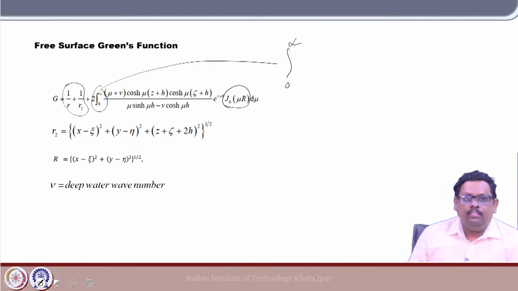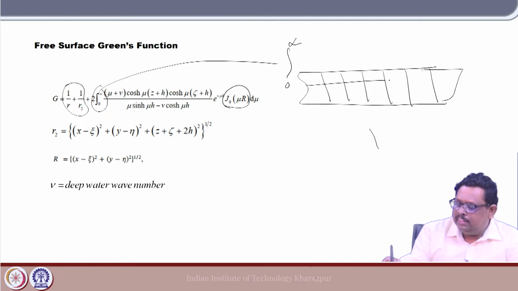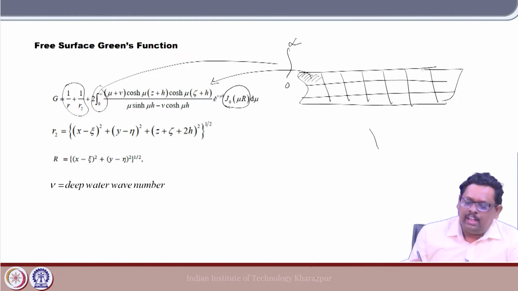Somebody can use the direct integration technique. What they do is as follows. Suppose I have a panel something like this, and we already know how to discretize it and get these panels. Over this panel they apply a direct Gaussian quadrature rule, and they get the value for this integral.